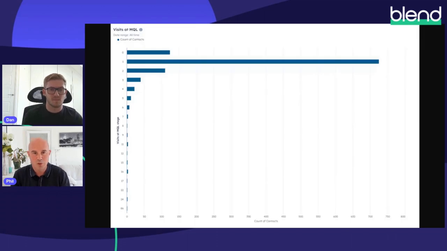So we decided to look at that quite closely, and we started to build reporting around what was going on with buyers up to the point of becoming an MQL. I'm just going to share one of the reports we created back then, which was number of visits at the point of becoming an MQL. What's really interesting is this is an all-time report, but it has hardly changed at all from before we shifted from lead generation to demand generation to after.